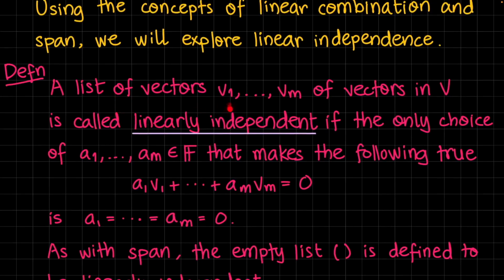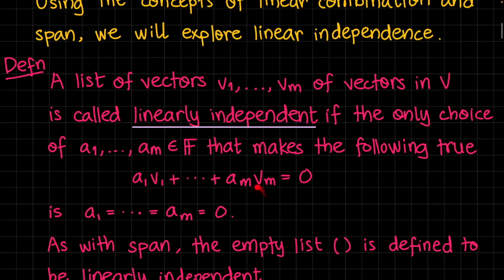A list of vectors v1 through vm, which are vectors in the vector space V, is called linearly independent if the only choice of a1 through am, where all of them are scalars in the field, that makes the following true, which is the equation a1 v1 plus ... plus am vm equals 0, is if a1 equals a2 and so on equals am is identically 0.